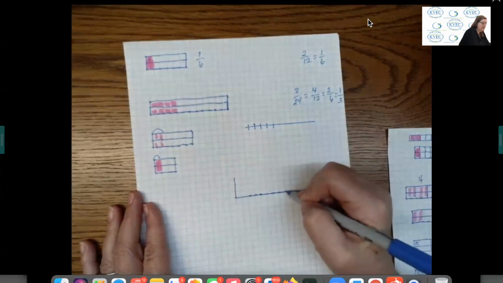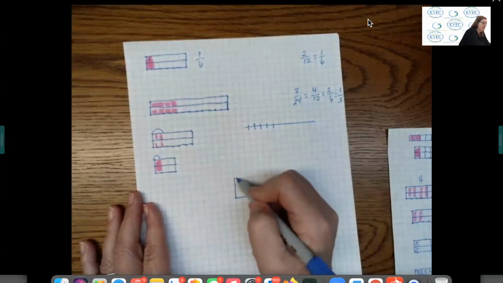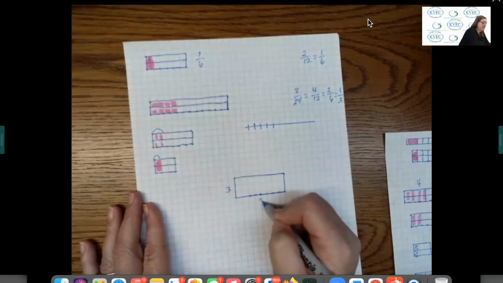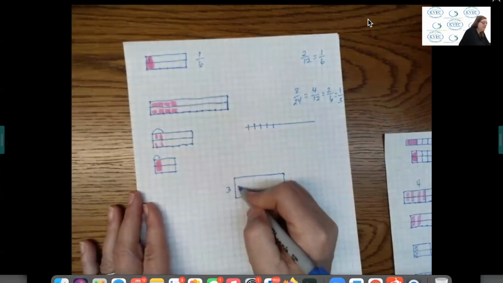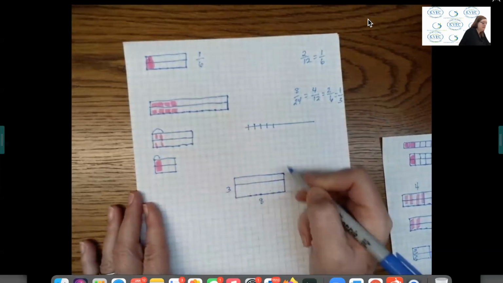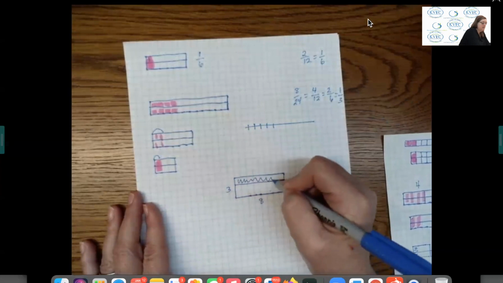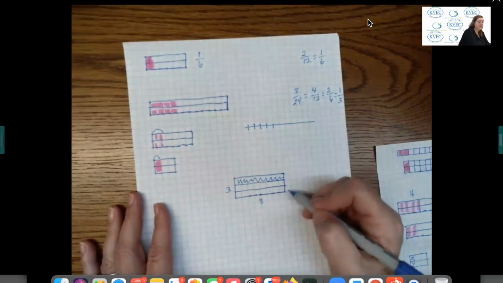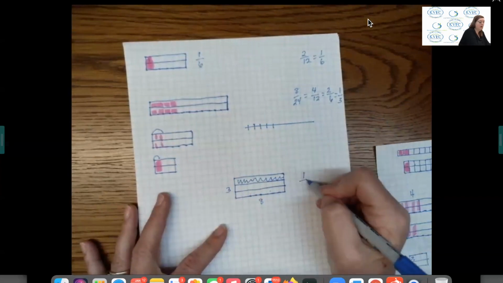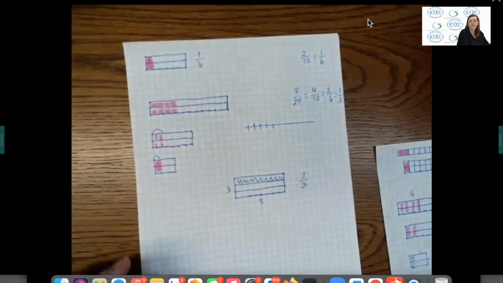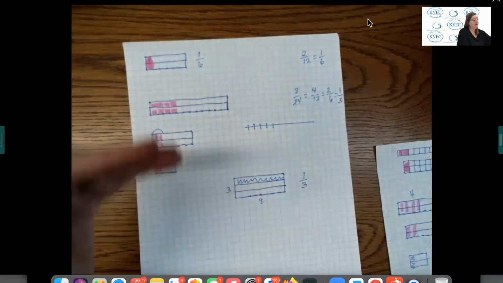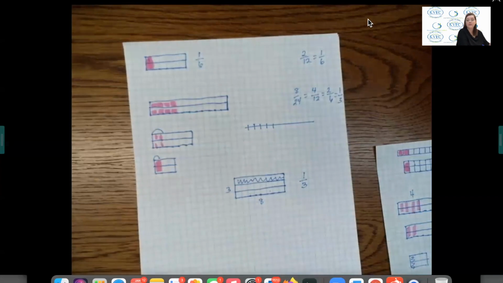And we know this is 24. I know this is 3. I know this is 8. I know all the way across the top is going to be 8. Now I can actually see that it is 1/3. And it would be great for my students to be able to do that. But if not, there is a way for them to work this out.